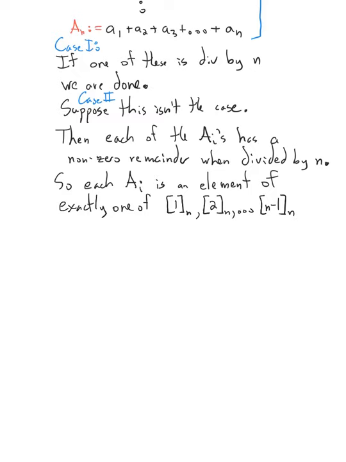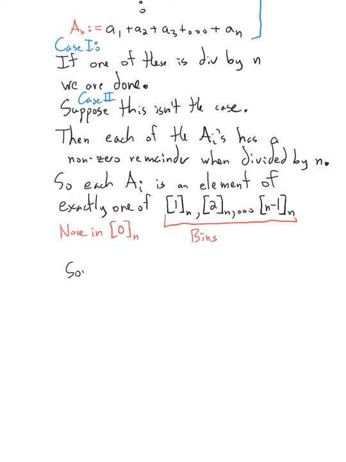And these are kind of our bins now. So in this case, if we don't luck out at first, these are our bins. And note that none are in the equivalence class of 0, because that means that they would already be divisible by n. But we said, in this case, they're not.